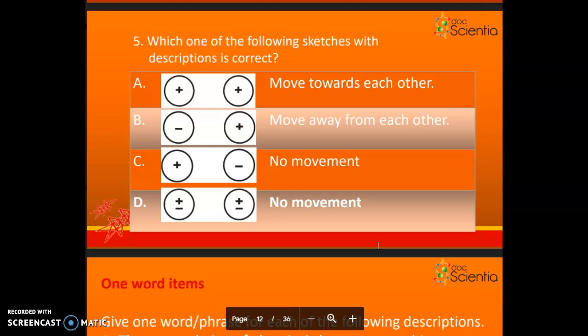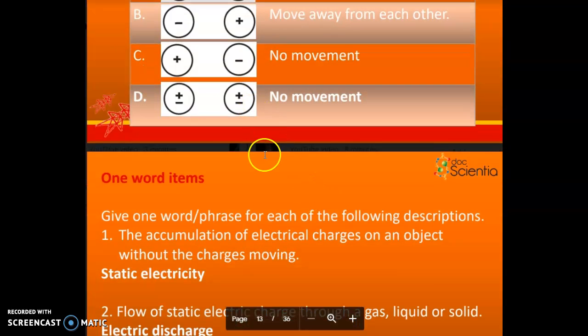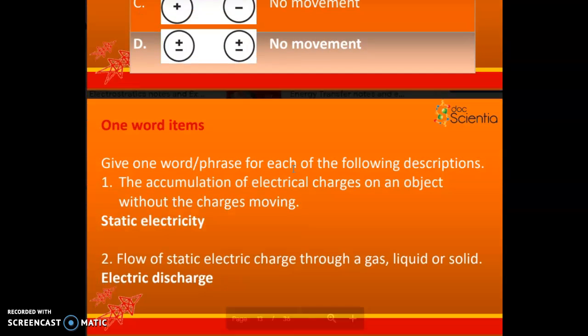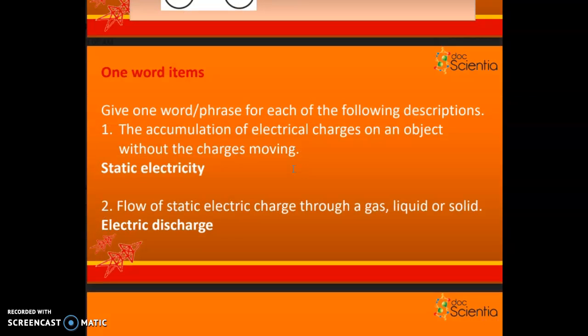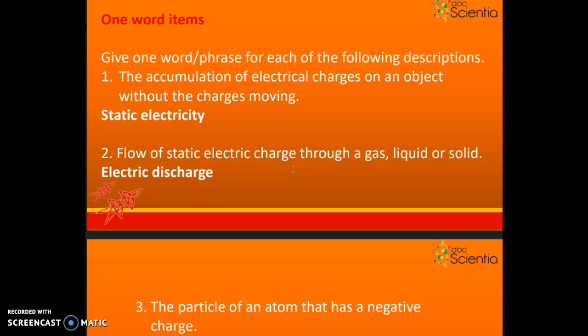And D has a positive and a negative, with another positive and a negative, and it also says no movement. The only one that is correct is D, where the two positive and negatives have no movement because they're neutral.